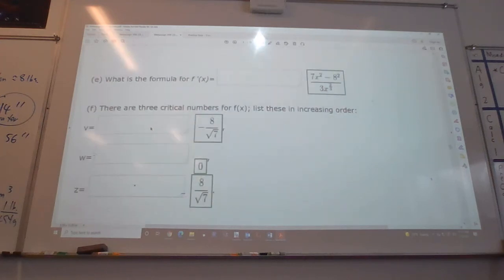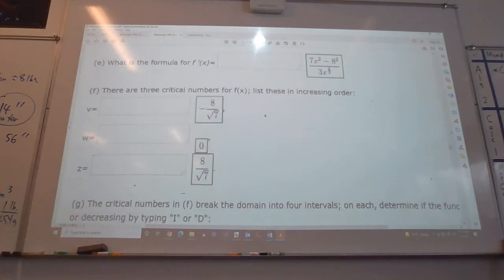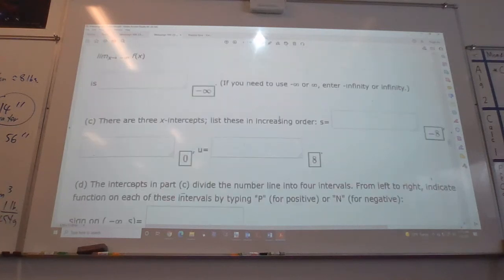And then what is the formula for the derivative? We had 7x squared minus 8 squared, and they keep saying 8 squared because that's the number that can change. So you can put 64, obviously. So that's the derivative. The critical numbers, there are 3. So for f, where is this 0? And notice that x equals 0 is a critical number where it's undefined, just like the one we did at the beginning of class, because x equals 0 is okay in the original formula.